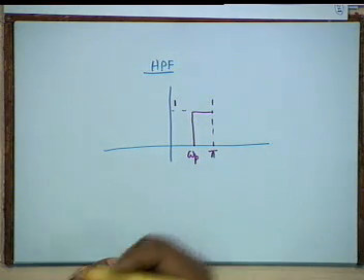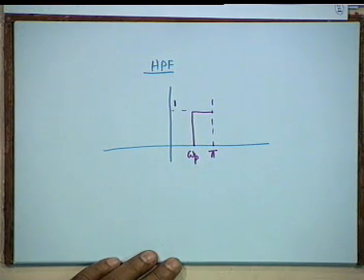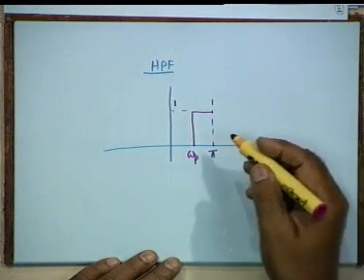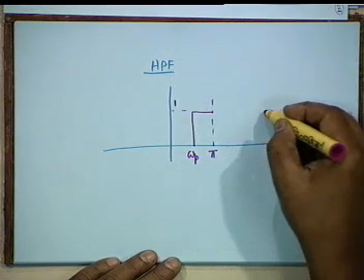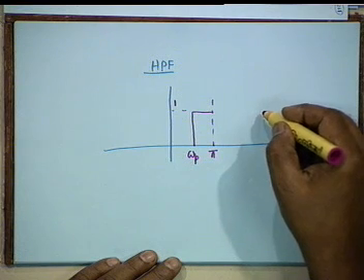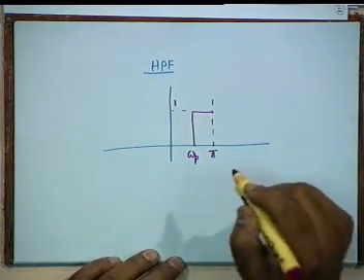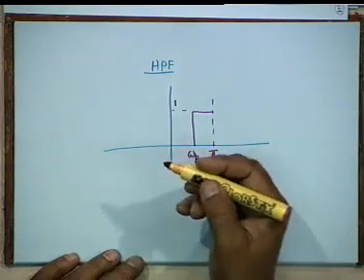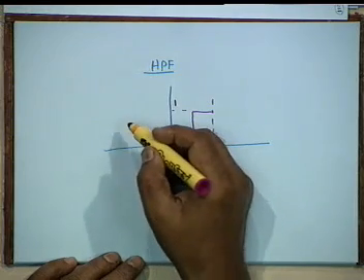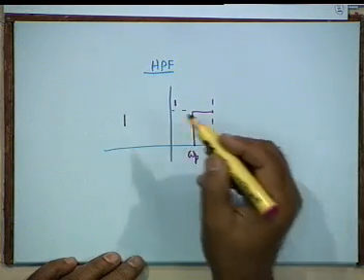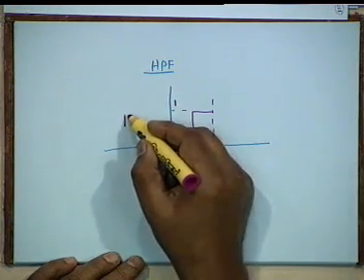I am not bringing this down because if I extend, it goes up to pi plus omega p. Well, since we have decided to do with minus pi to plus pi, I am sorry, I should not have done that.